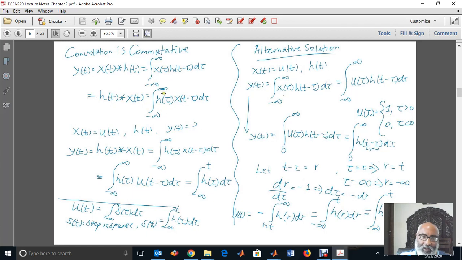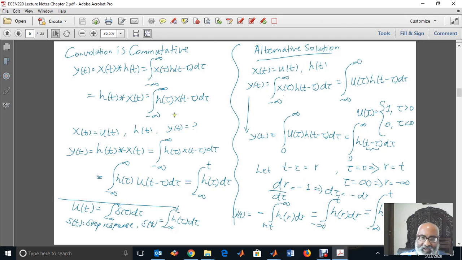So it will be h of t convolved with x of t, which is the integral from minus infinity to infinity of h tau x of t minus tau d tau. So the roles of x and h will be changed here: here h of t minus tau, here x of t minus tau, and here x tau, here h tau.